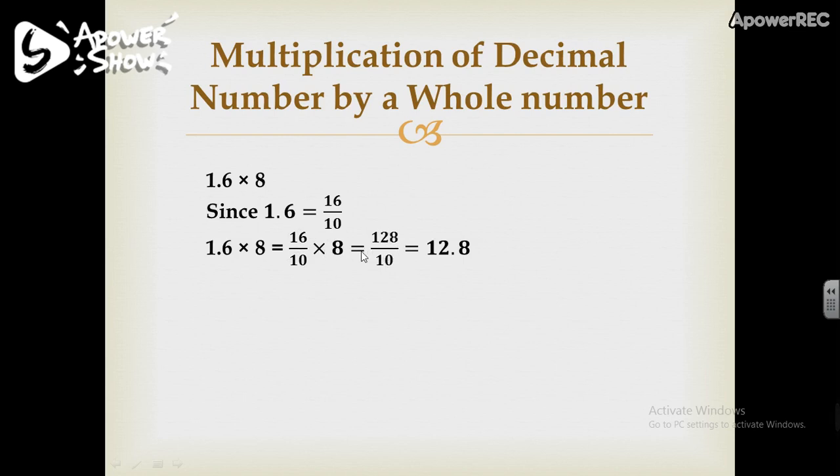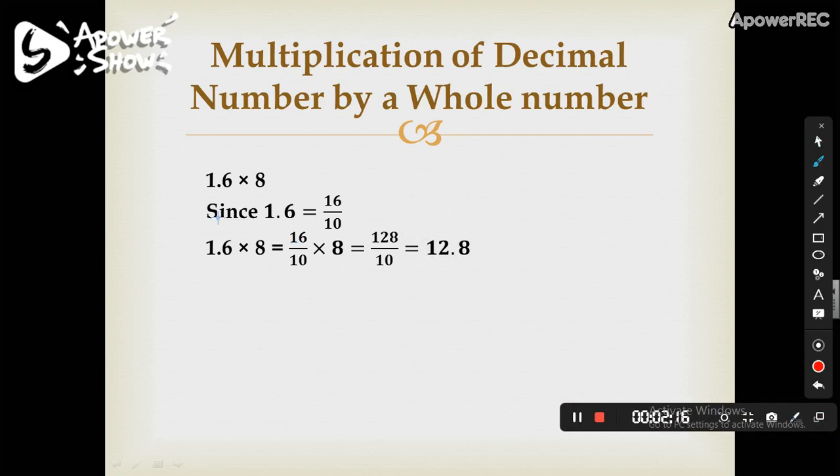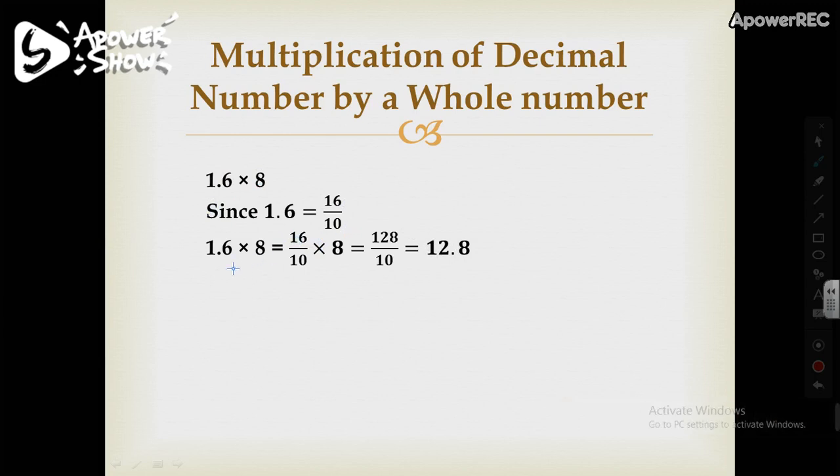Now this is a fraction and I can express it as a decimal number. So 128 by 10 equals 12.8. This is a fraction and we can easily express this fraction as a decimal number. Now here we have to first convert this decimal number into a fraction for finding this product.